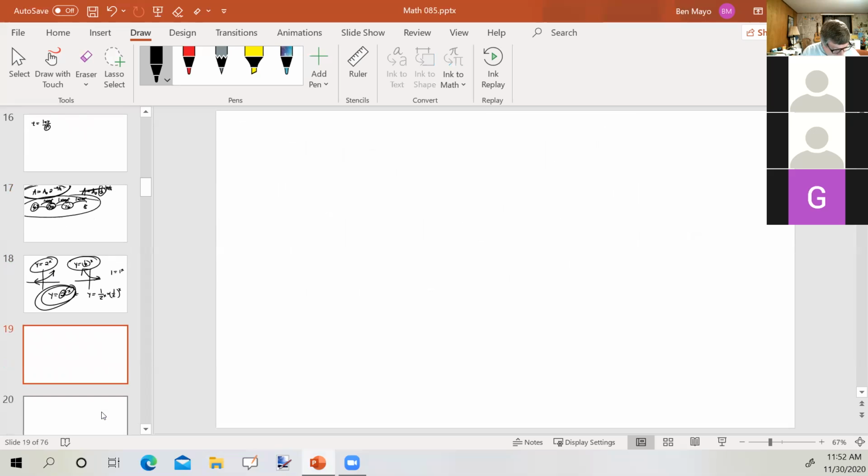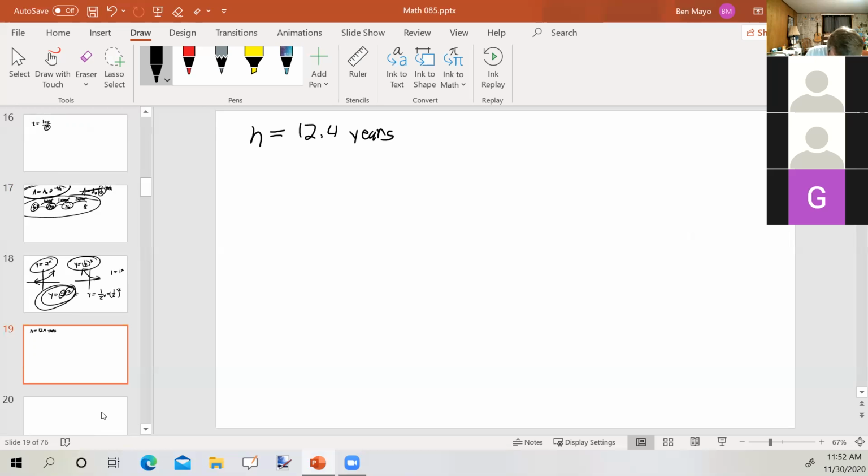This first example says tritium decay. I'm not sure what tritium is, but it says the half-life of tritium is 12.4 years. So the half-life, that's H, is 12.4 years. So every 12.4 years, half of what was there to start with disappears.